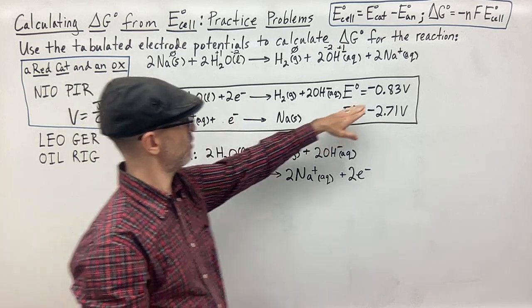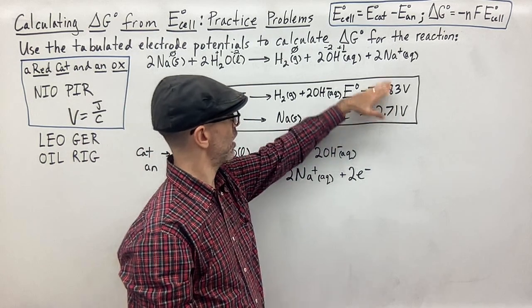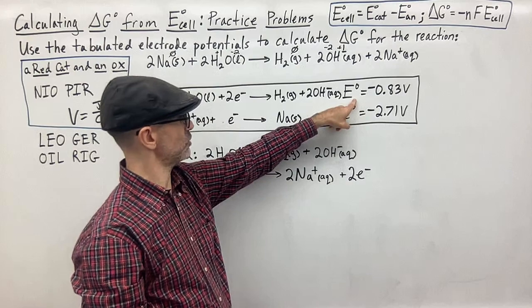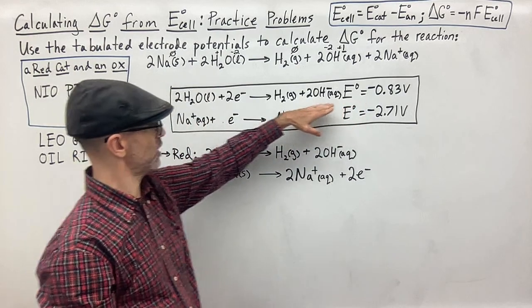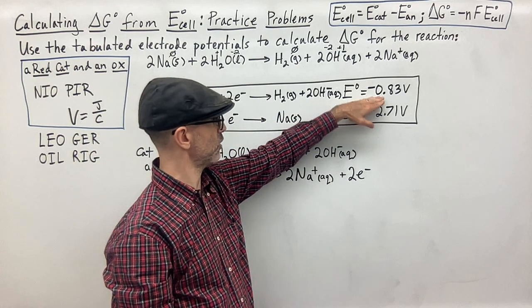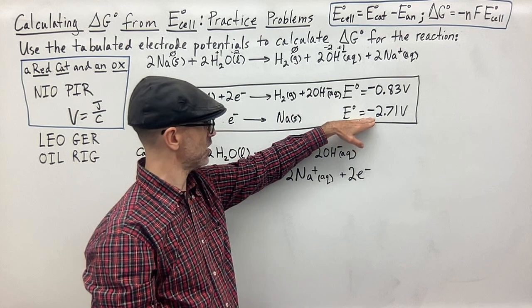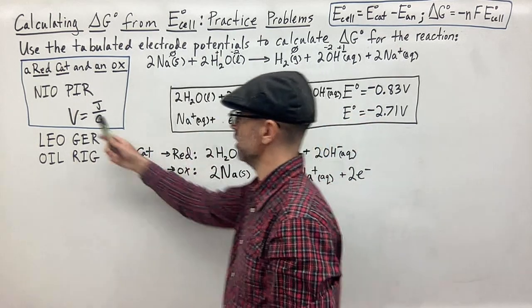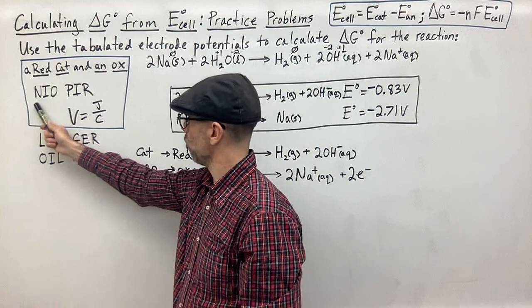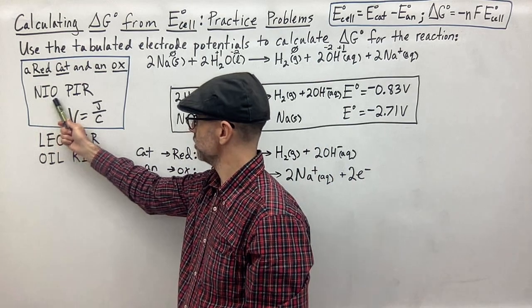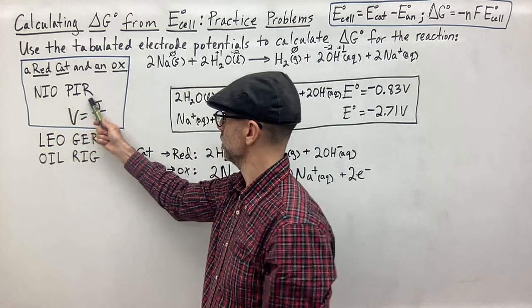And you can see that from the electrode potentials. The standard electrode potential for the reduction of water is -0.83, and for sodium it's -2.71. And if we remember our NeO-Per, more negative is oxidation, more positive is reduction.